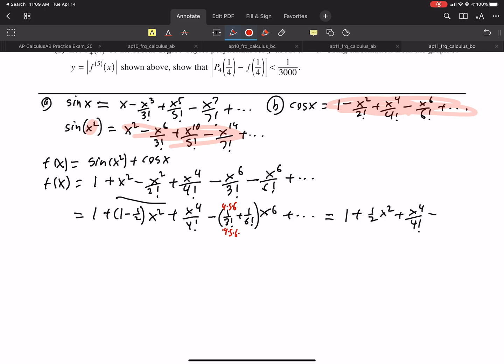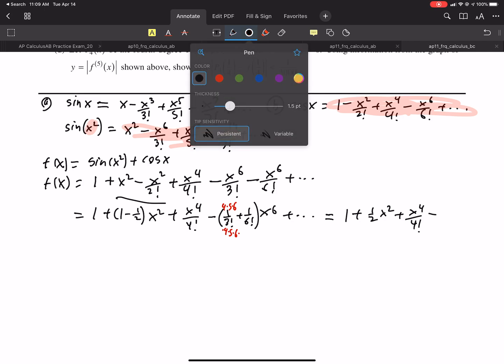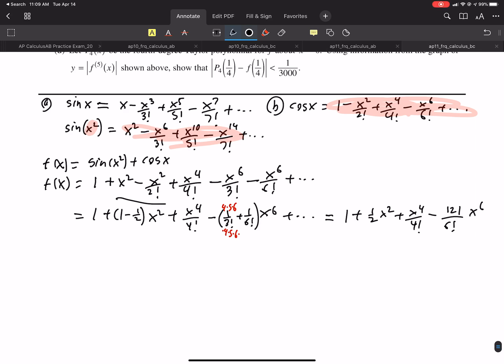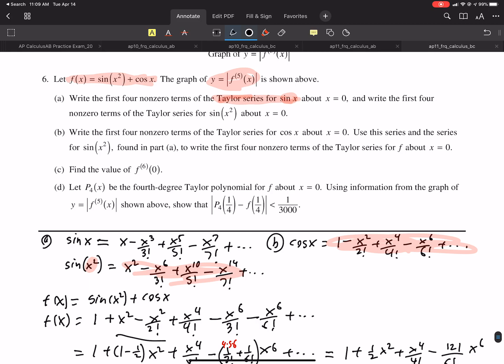And then they'd have a common denominator of 6 factorial. 4 times 5, that's 120. 121 over 6 factorial. That's it. So simplifying this, the top is 120. 3, 4, 5, 6, that gives us 6 factorial. That's what just happened, if you didn't see that. All right, so we're done with part B.